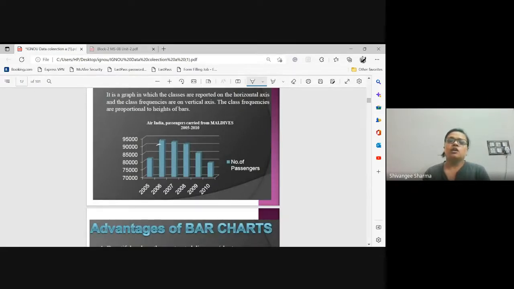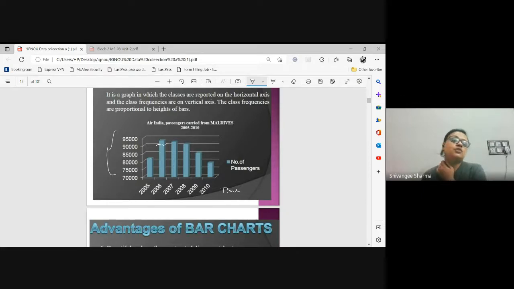This is a 2D diagram in which on the x-axis there is time, and on the y-axis the number of passengers. So for the particular year, say 2005, the number is given by this bar, 2006 the second bar.